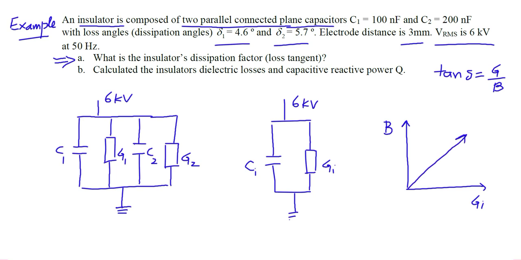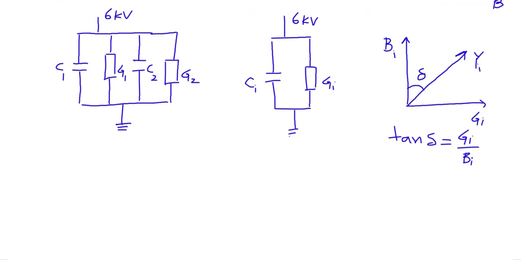And here we have the total admittance, YI, and the total loss angle will be here, delta, and tangent delta will be equal to GI over BI. Okay, so we will use these concepts.